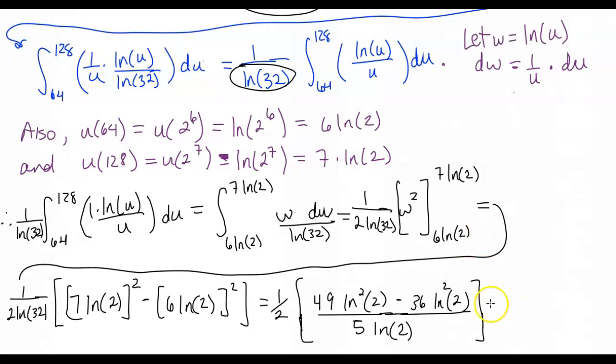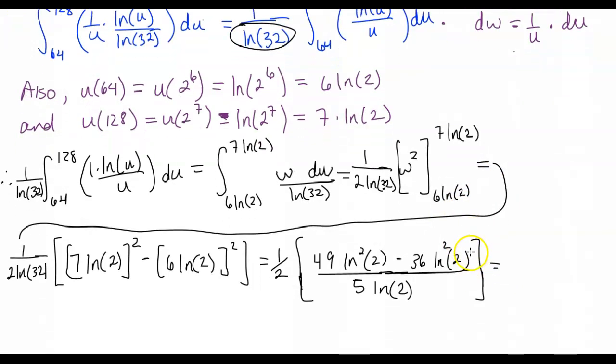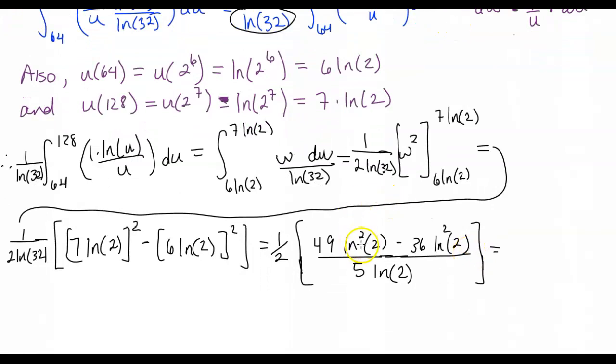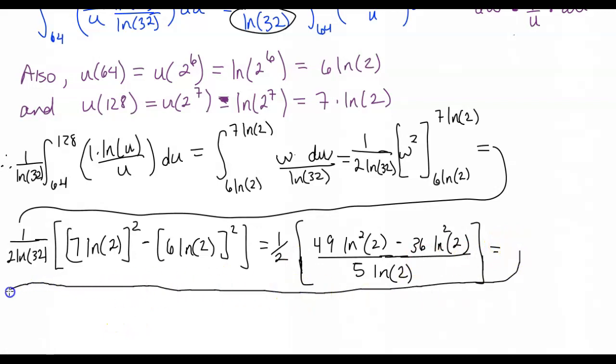All right, and so now that I have that, notice here that your numerator has natural log of 2 squareds in them, and we have a natural log of 2 in the denominator, so we can actually factor that out. So I have a natural log of 2, I can factor out there. And this is a 2 times 5 times natural log of 2.